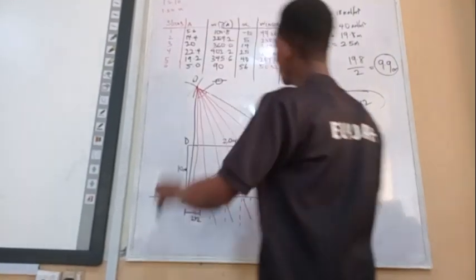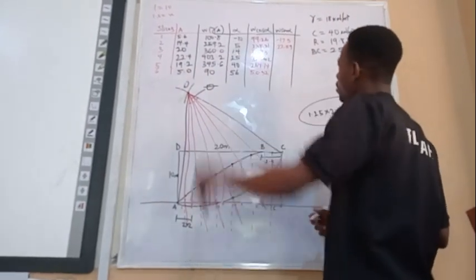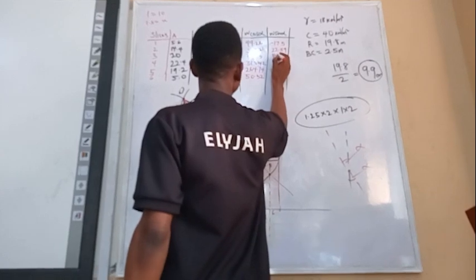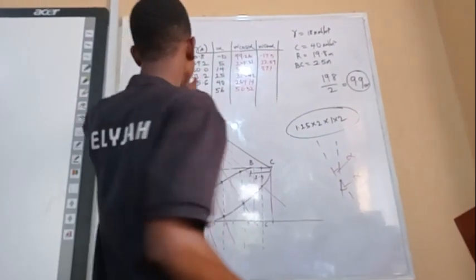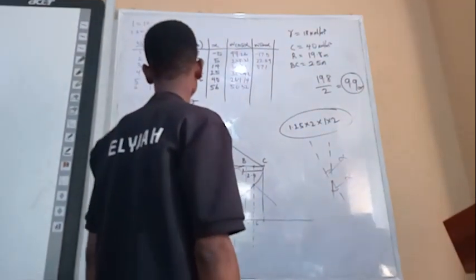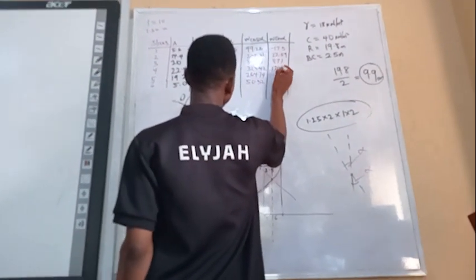Then 360 sine 14. 87 directly. 0.09. Okay, 0.1. 403.2 sine 25. 170.39. 170.